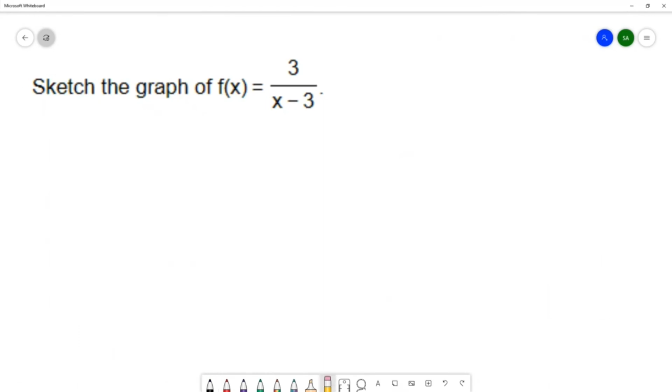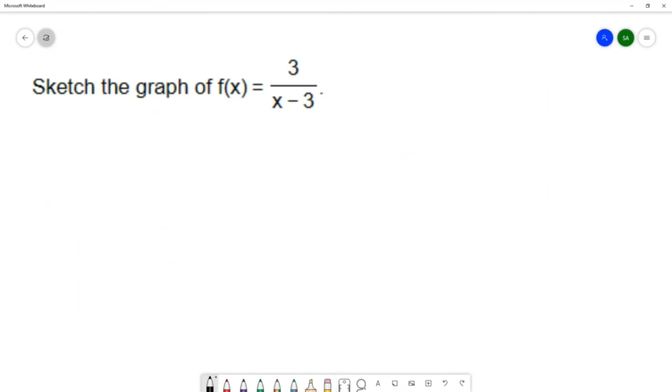Now in this question, we would like to sketch the graph of f of x equals 3 over x minus 3. This function is a rational function, and so there are a lot of features and details that we need to work out before we start drawing the picture. The first thing I'm going to start with is finding the domain.